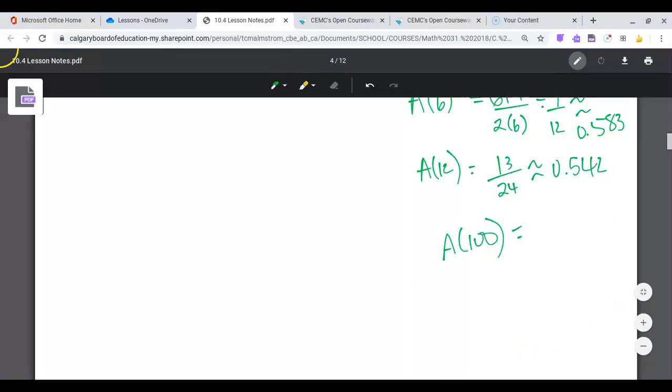So I would have 100 plus 1, so 101, over 200, 2 times 100, which is equal to approximately 0.505. So we're getting closer and closer to our actual amount of 0.5.